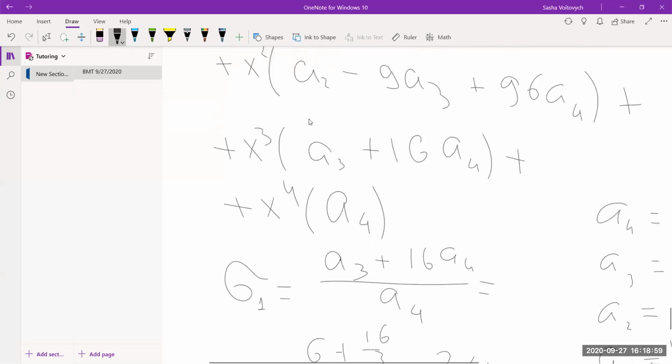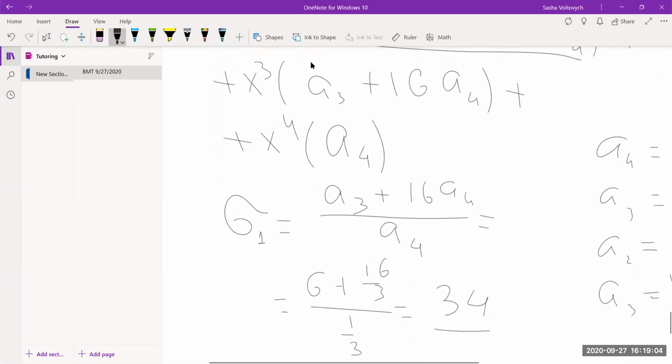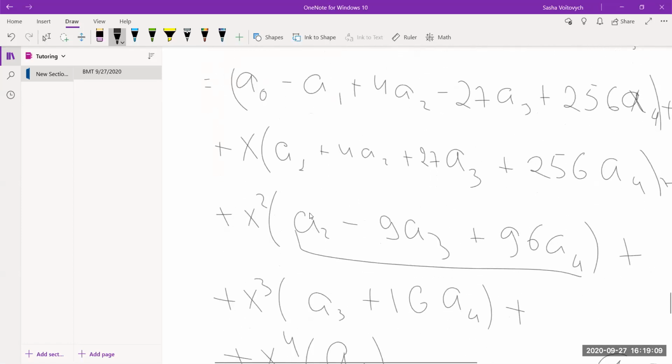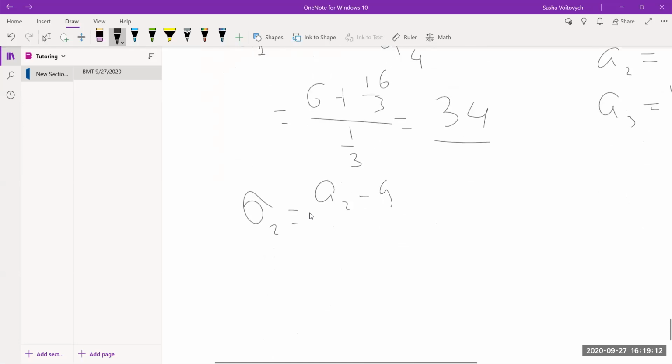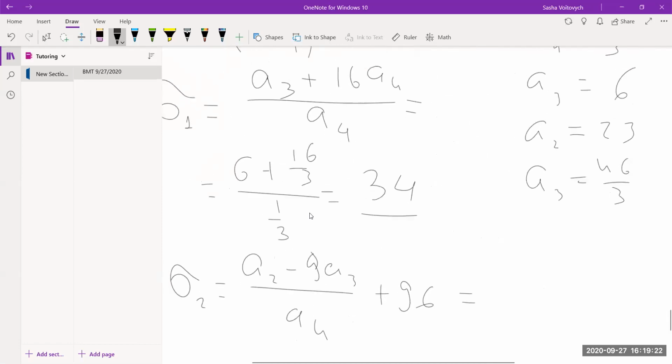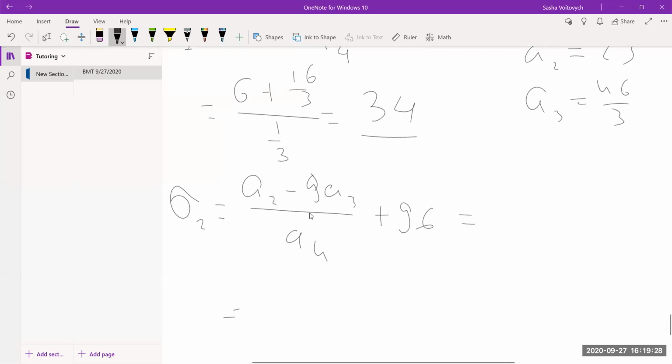Sigma 2. Sigma 2 is equal to this guy divided by A4. So it is just A2 minus 9 A3 divided by A4 plus 96, which is equal to 23 minus 9 times 6, which is 54. 23 minus 54, minus 31.